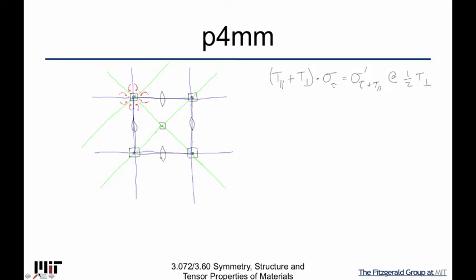Okay, so now that I have these mirror planes, and these different mirror planes, which is why it's M, the question is, is there anything else that I haven't noticed in this lattice?